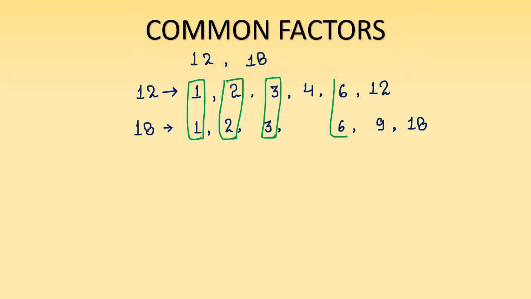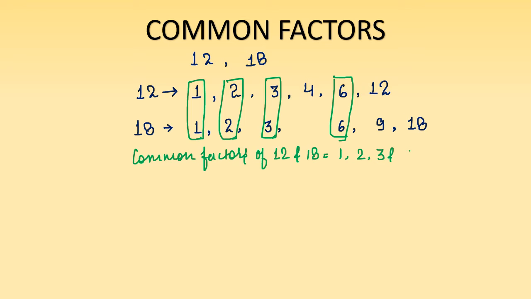So we can say that common factors of 12 and 18 are 1, 2, 3 and 6. So the factors which are common in two or more numbers are called their common factors.